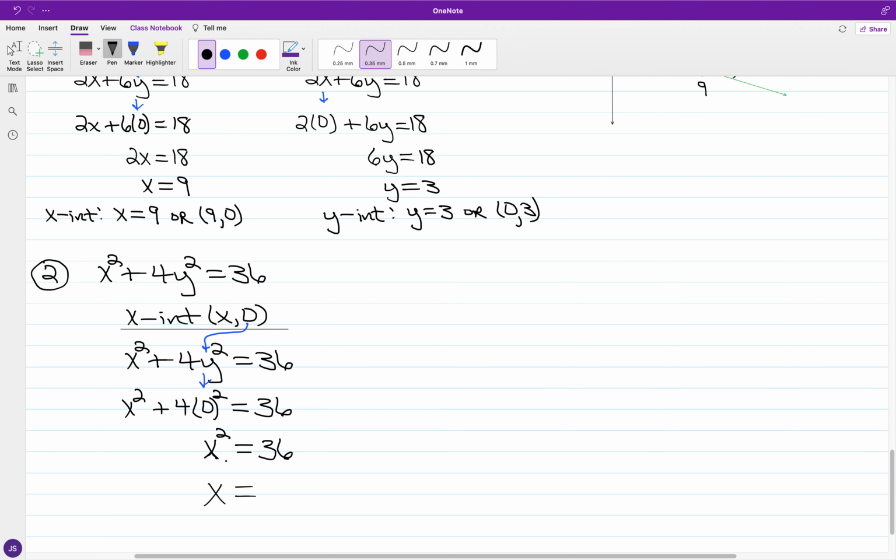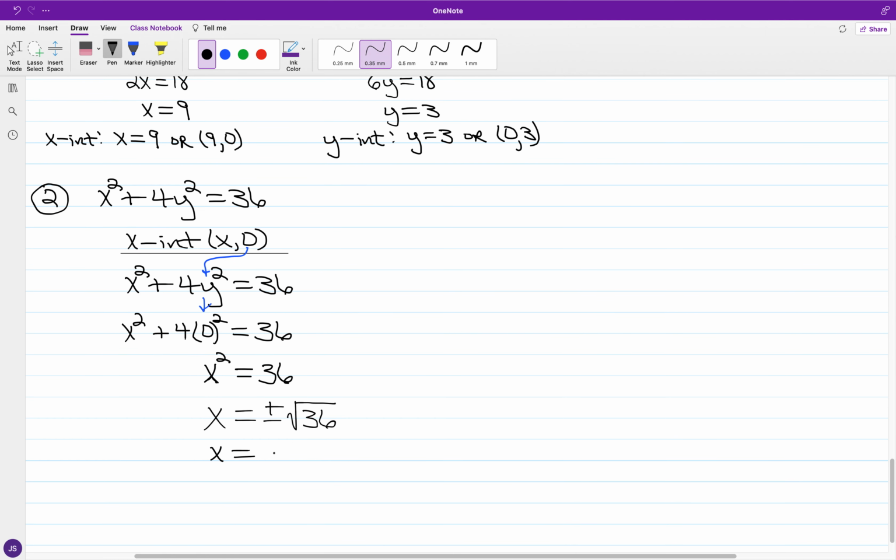Going from x squared to x, we have a 36. We'll go from that number to its plus and minus square root values. So for x, we have two numbers that will square into 36, and those will be positive and negative 6. And so we're going to have not one but two x-intercepts.